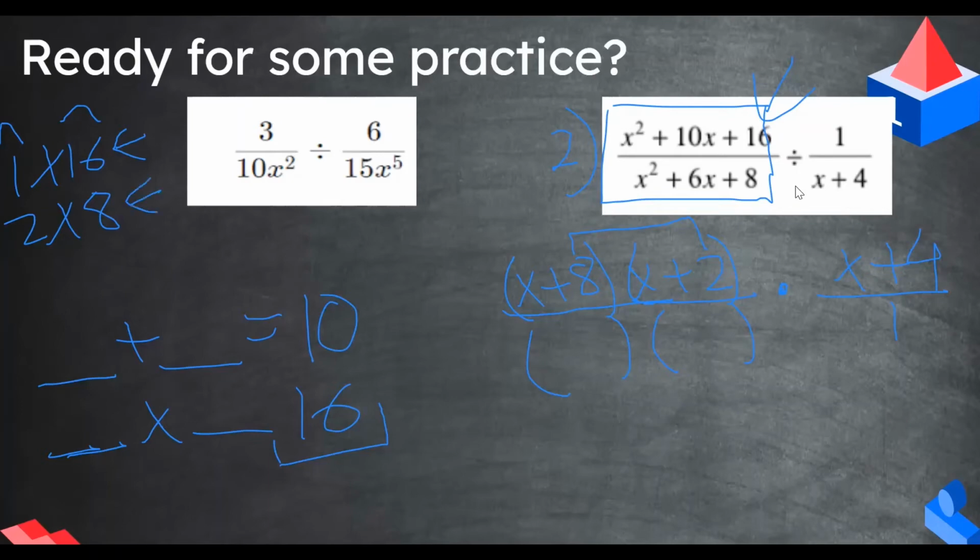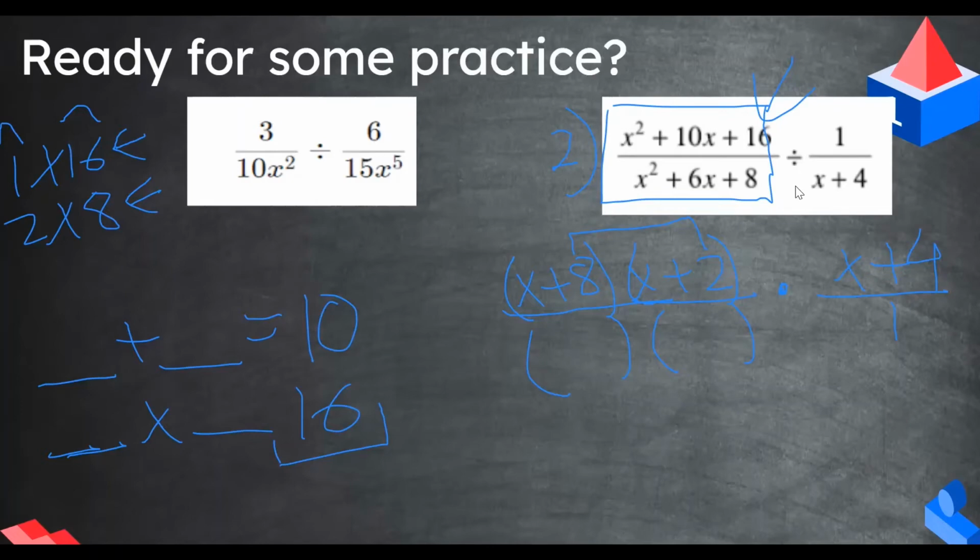Now ask yourself about the second one. You have 2 and 8. Can you modify 2 and 8? By modify, I mean, can you change the signs of 2 and 8 to make them add to 10? I think you can.